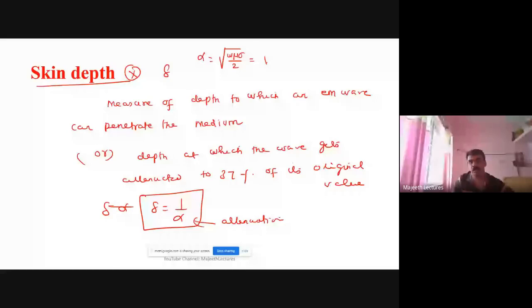So delta is given by 1 by root of pi f mu sigma. This is the formula we will use to solve problems. They ask so many questions based on this formula, so please understand. Okay, fine. Let us see and solve the problem.